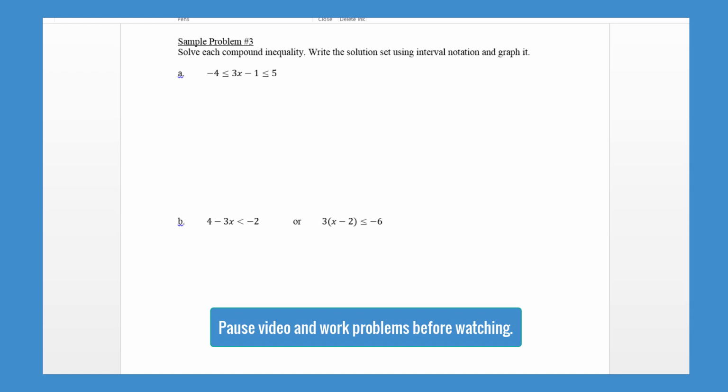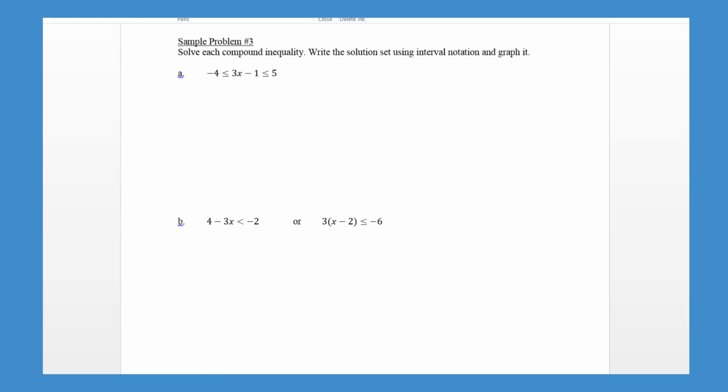So if you go ahead and take a moment to finish that and come back and take a look at the solution. Okay, so I'm going to work part A. We have an and compound inequality. Remember, since we have it in collapsed form here, if I add 1 to the middle term, I also have to add 1 to both the outside terms as well.